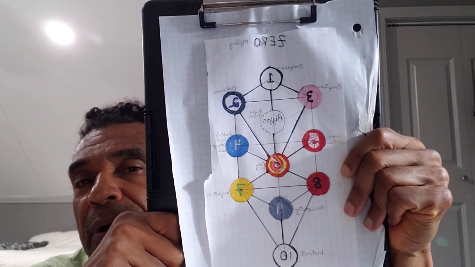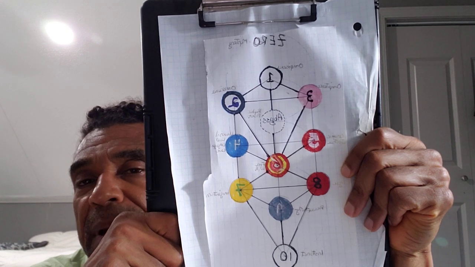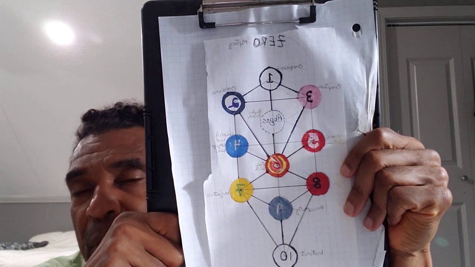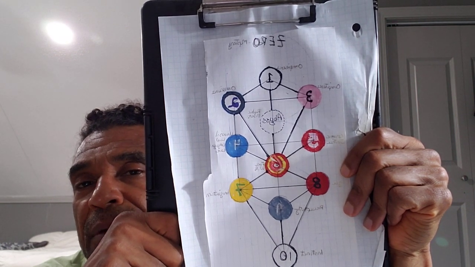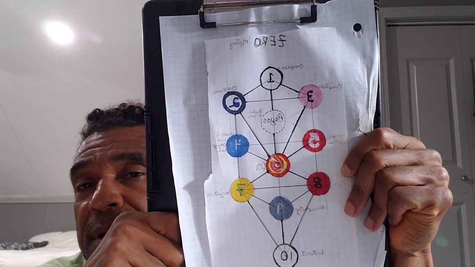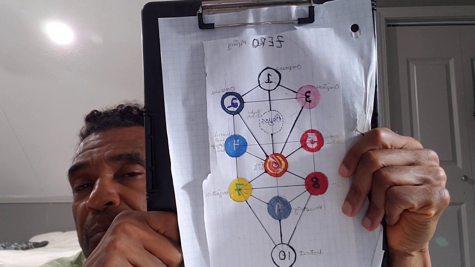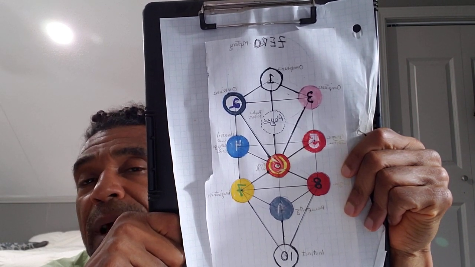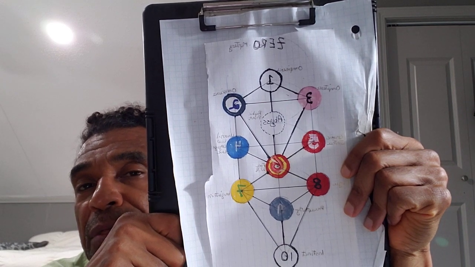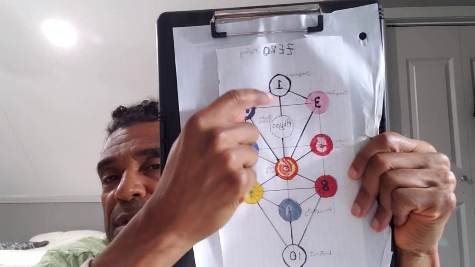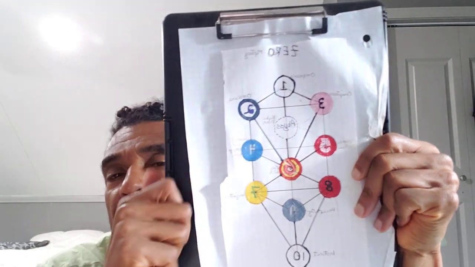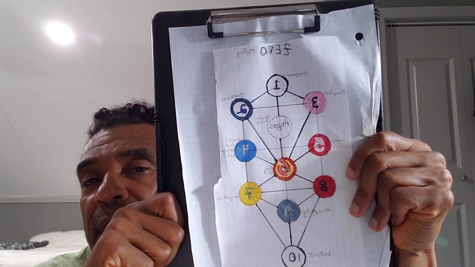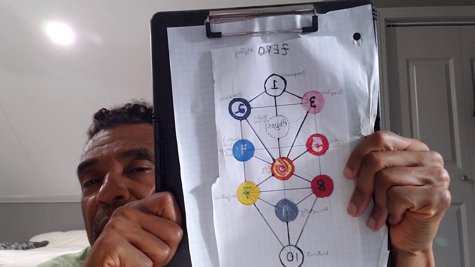Now, the 0 sphere is part of the Creator, but it is not part of the universe. It's the part of the Creator that's not part of the universe. It's part of the Creator that the Creator reserves for itself. And so we're not privy to it, us beings in the universe. Or we are able to glean an indirect connection with the 0 sphere through the first sphere, which is the all, everything, the universe itself, the whole universe, the God particle within us at our deepest center, our higher self.